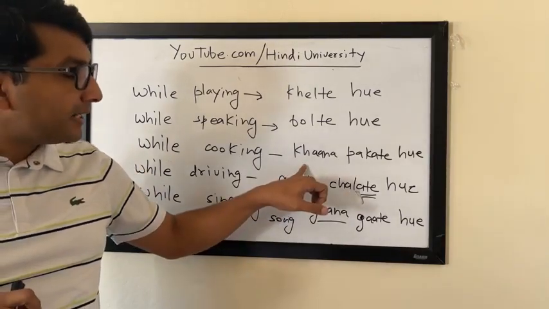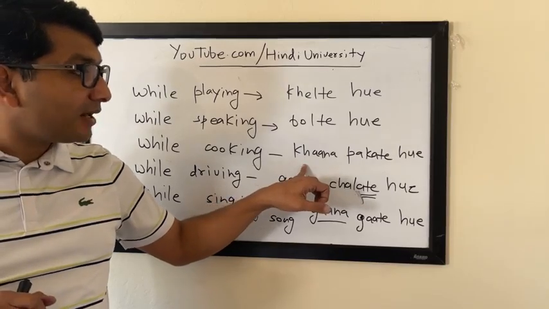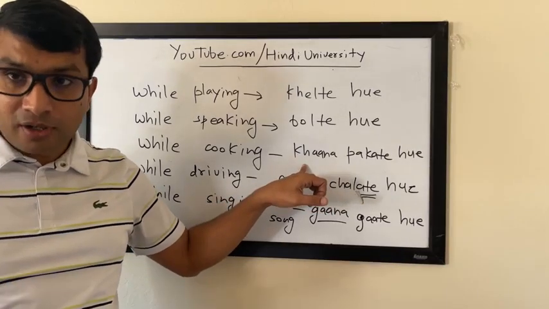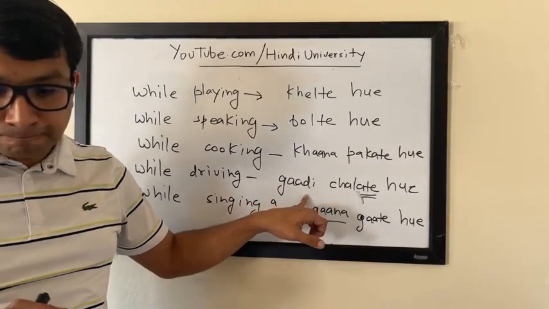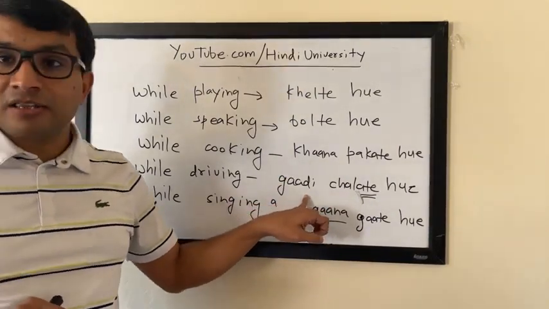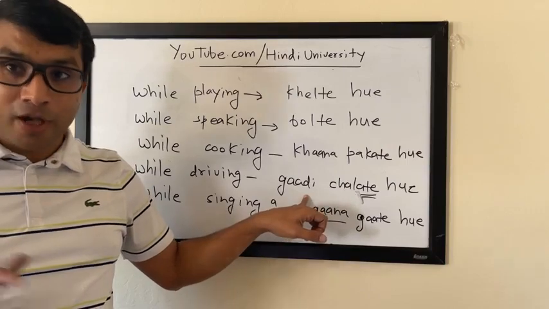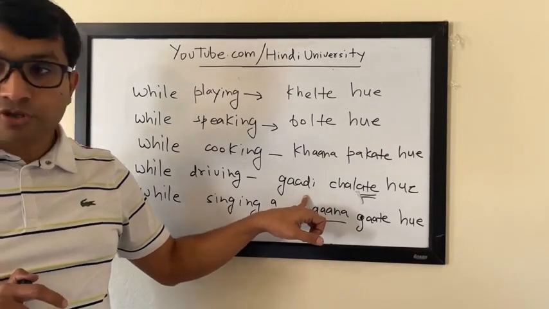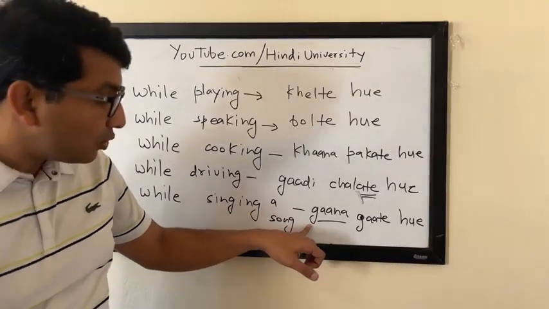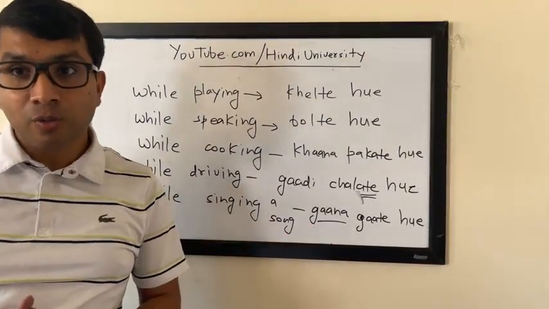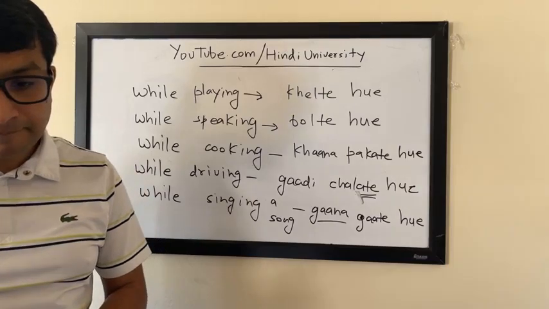Okay, मैंने शर्मिला को खाना पकाते हुए देखा. I saw her while she was cooking. Okay, और मैंने टॉम को गाड़ी चलाते हुए देखा. Okay, I saw him while he was driving. और मैंने I can say अंजलि को गाना गाते हुए देखा. I saw her while she was singing.